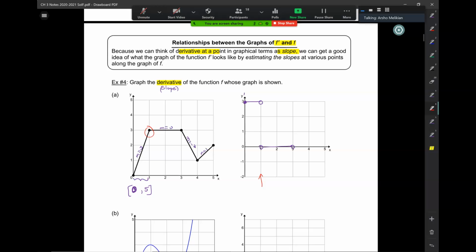There is an abrupt change, so I cannot define it on my slope graph, okay? So just remember, close the endpoints, leave the inner points open. And then my next slope is -2 from 3 to 4. And then it's 1. And I close the right endpoint.